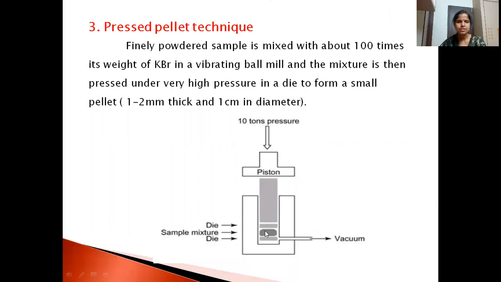When you press it under high pressure, it gives rise to pellets. Those pellets will be around 1 to 2 millimeters thick and 1 centimeter in diameter. We can convert the sample into pellets.